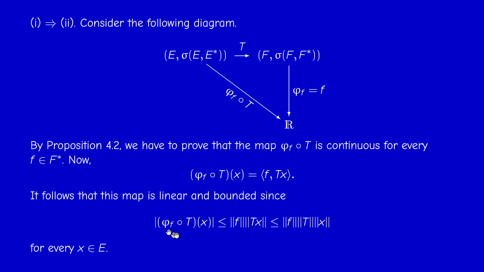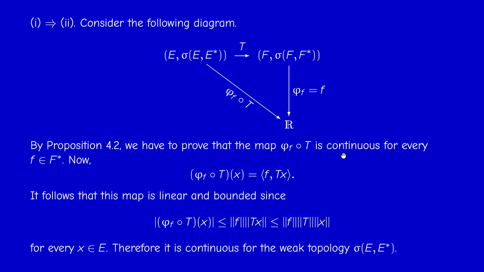Therefore, the absolute value of phi_f of T at x is less than a constant times the norm of x. So we get a linear bounded operator from E into R. And therefore it's continuous, and since the weak topology on E is the smallest topology that makes these maps continuous, in particular this map is continuous relative to the weak topology. So this concludes 1 implies 2.